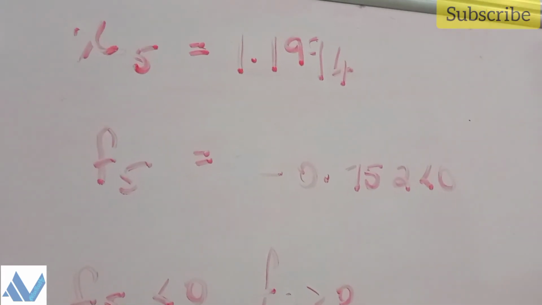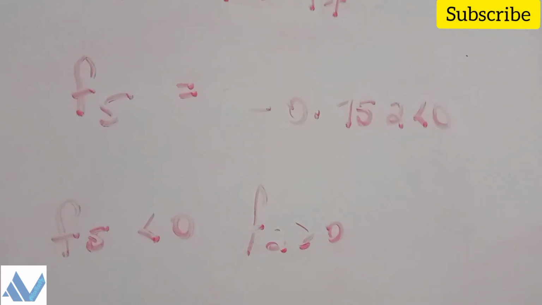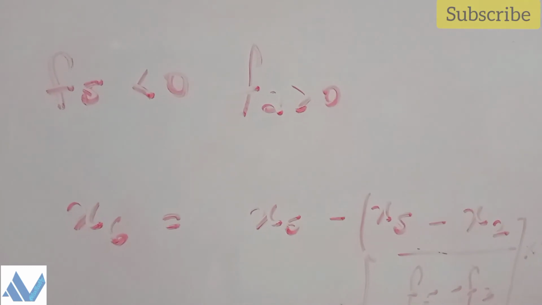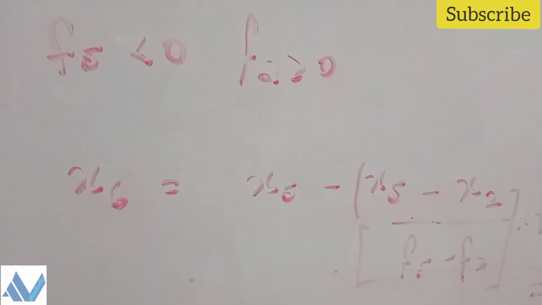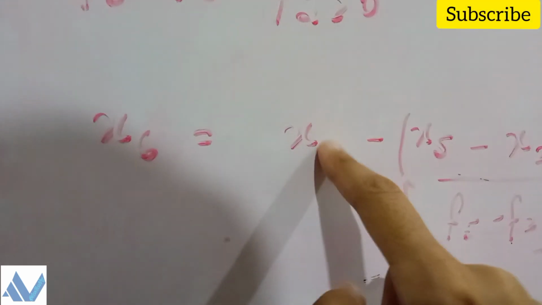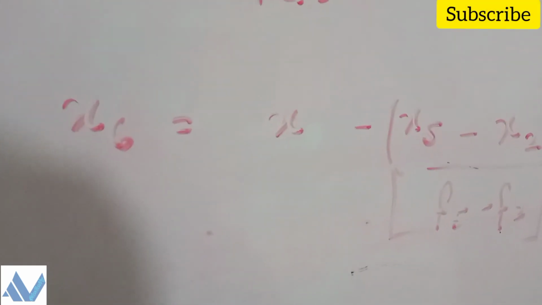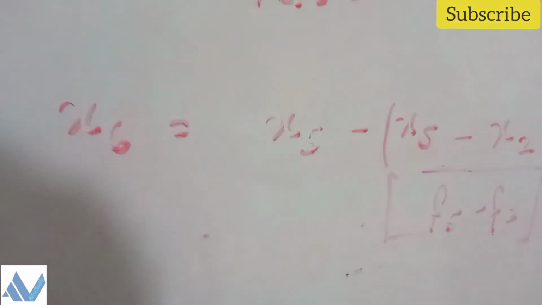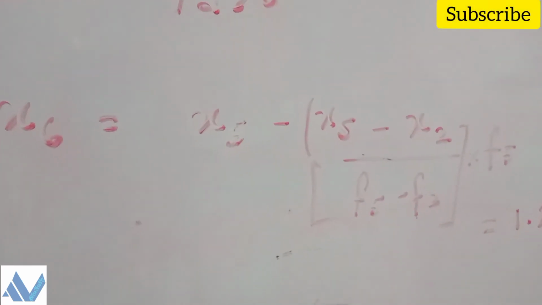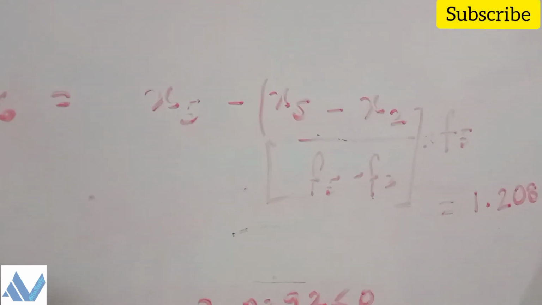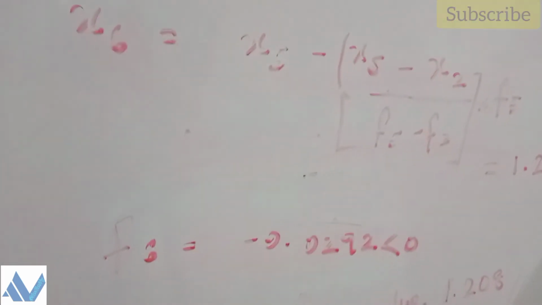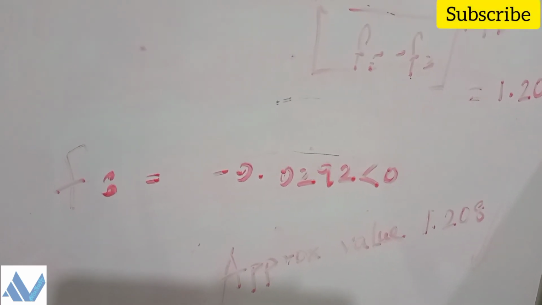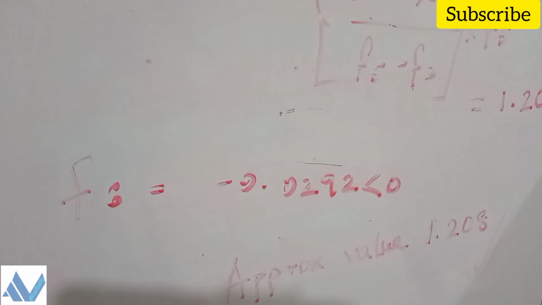After that we have the x5 value and f5 value, and then we get f5 is less than 0 and f2 is greater than 0. Again we write the formula as x6 is equal to x5 minus x5 minus x2. This is 5, don't mistake this as x6, it is x5. x5 minus x2 and f5 minus f2 into f5, which is 1.208. Then we find the f6 value, so the approximate root will be 1.208 after 6 iterations with the regula falsi method.